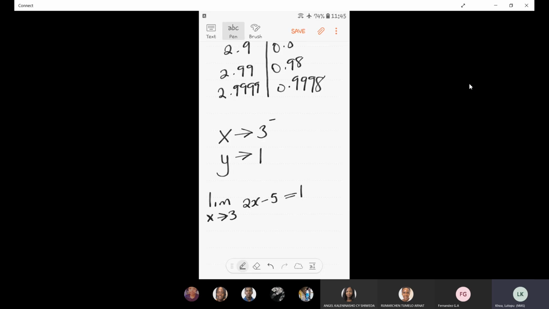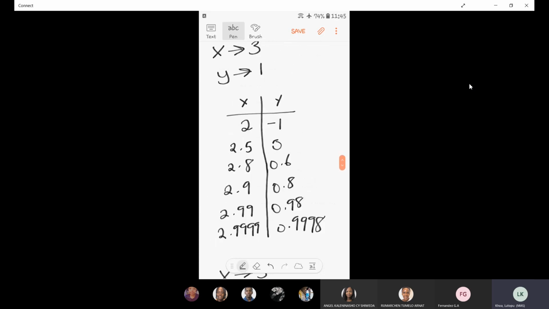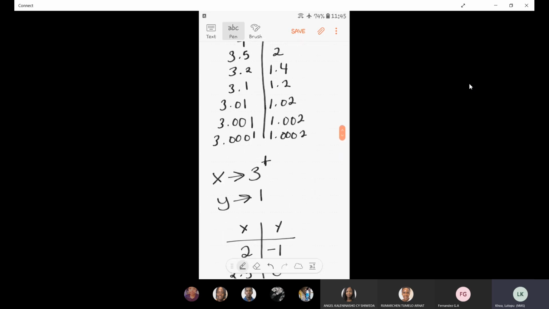Okay, so we say that is the limit. That's what we call it mathematically, the number that the function is getting closer and closer to. So we read it, the limit as x approaches 3 or as x tends to 3 of 2x minus 5 is equal to 1. So we can see that by observing our table over there.